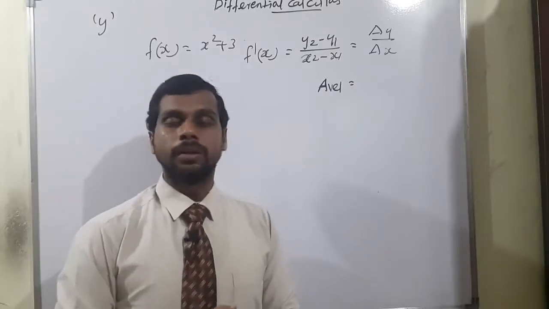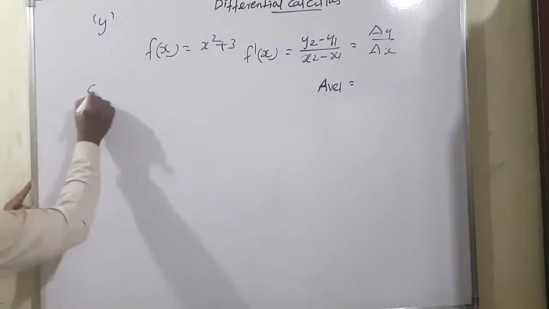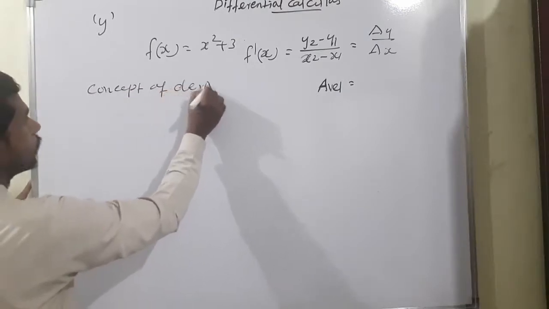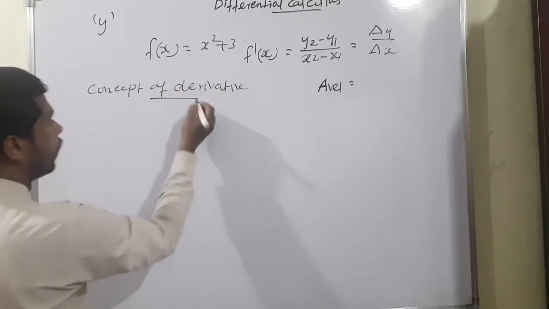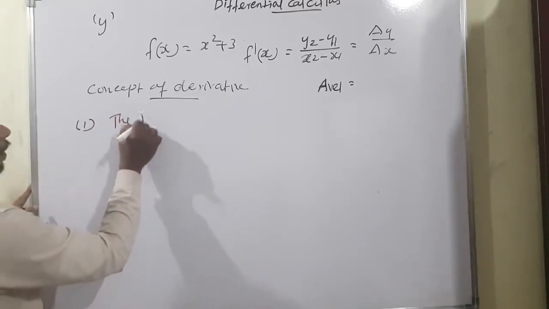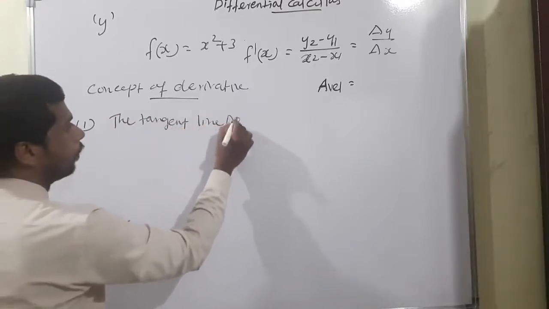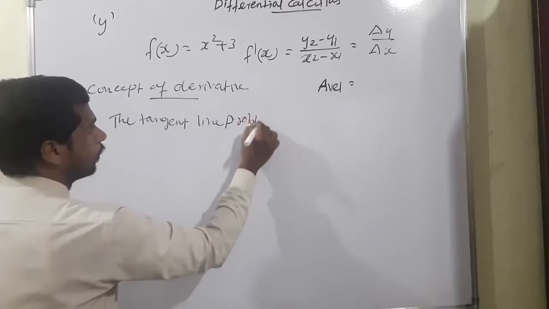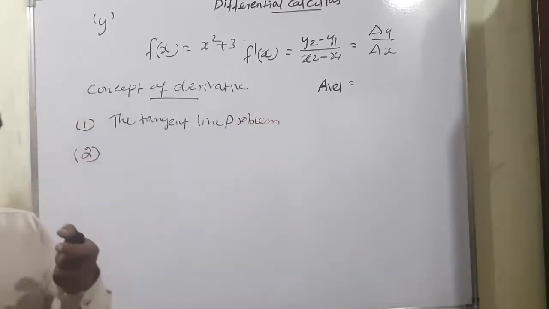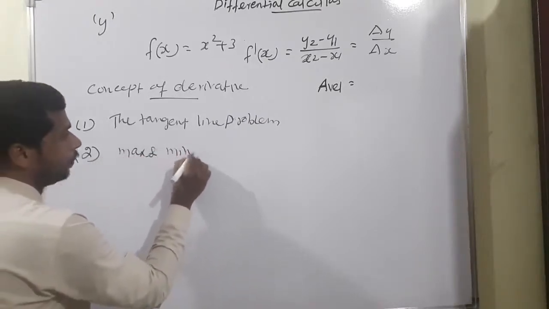The concept of derivative has 4 types. Type number 1, the tangent line problem. Number 2, the maximum and minimum problem.